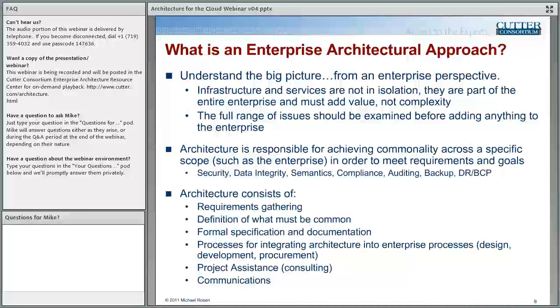Right? And one of the best ways to do that is in terms of some kind of project assistance and consulting, and then in communicating what are the issues and what is it that as a business, as an enterprise, we need to do to get the most value out of the cloud while eliminating or minimizing the risks that it might present.